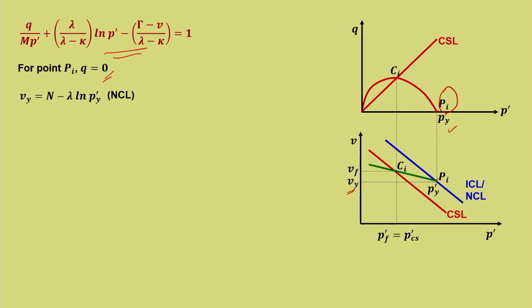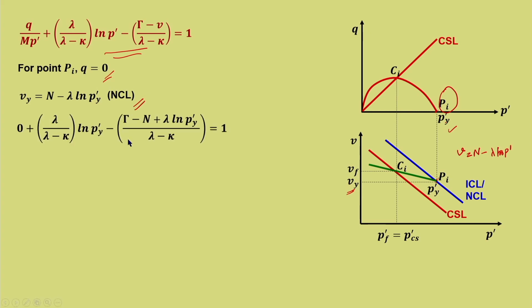So, specifically for Vy we can write, so V is equal to n minus lambda ln p dash. Now, for this particular point we can write n minus lambda ln p dash y. So, that is what is written here from the normally consolidated line.